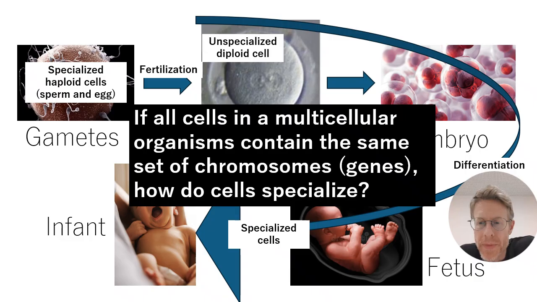Now, the interesting thing is that the genetic information in the zygote, the chromosomes, the genes, the DNA, is copied every time the cell divides. And so in an infant and even an adult, our 50 trillion cells all have exactly the same DNA, the same genetic information.